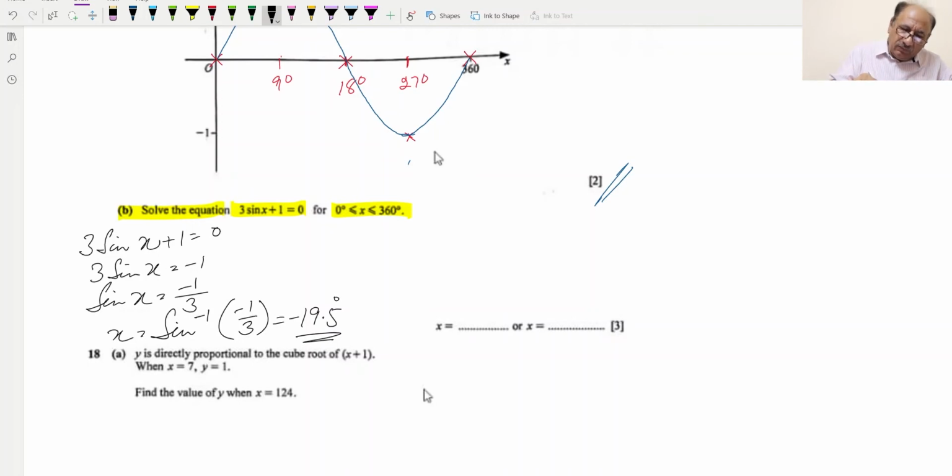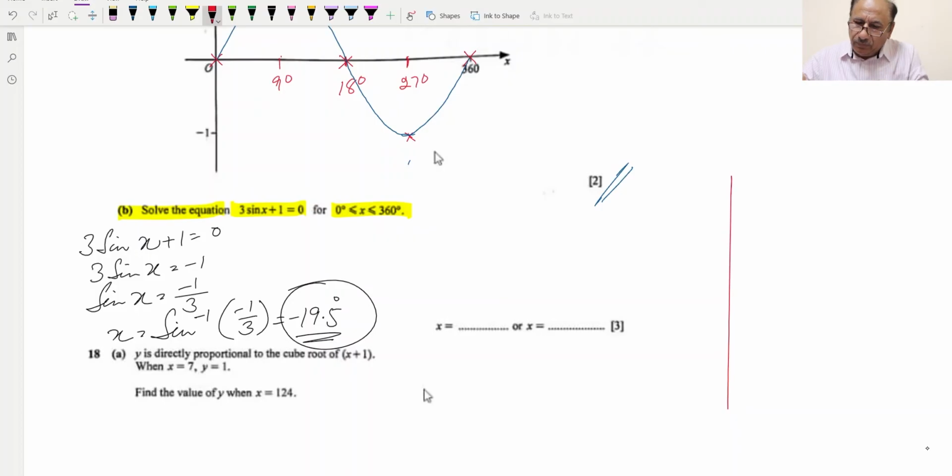Now minus 19.5 is not in this range. We'll have to check the range. How will we check the range? We can take the coordinate axis. I will explain here so that you can understand it properly. The students who will be going to AS level and A level will be studying this topic extensively, so you should have your basics right now. We are taking sine like ACTS.